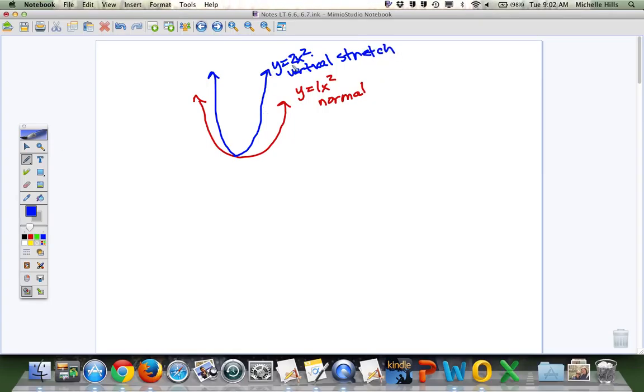So if the scale factor, ignoring the positive or negative, is greater than 1, it's a stretch. If it's less than 1, like y equals 1/2 x squared, it's a shrink. That's how it changes the shape.